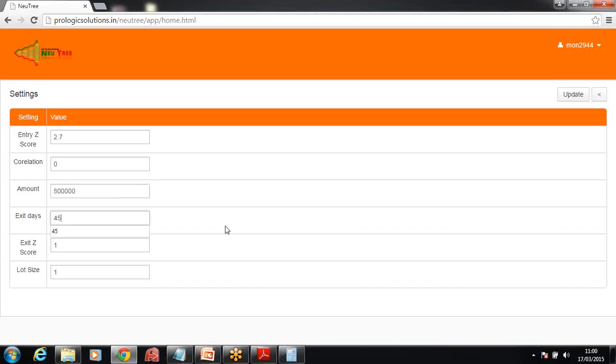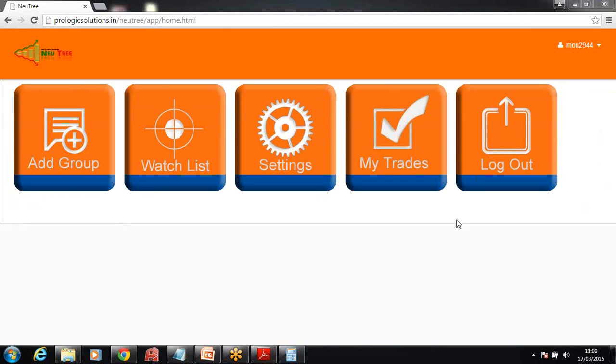Exit days I have put 45, but usually trades don't go for that many days. And for the Z-score exit, I just put it as 1. It can start from 2.7, and when it comes to 1, you will have to exit. The lot size I always put as 1. So these are some settings which you can have by default.